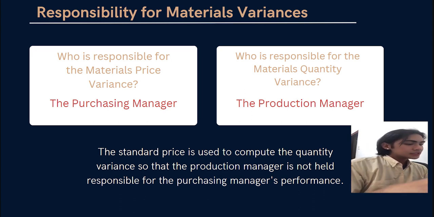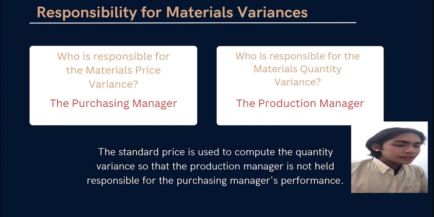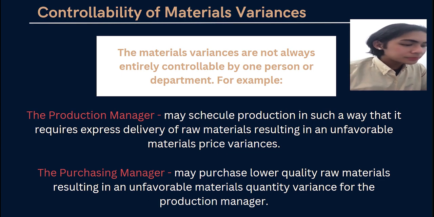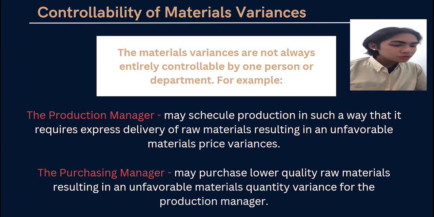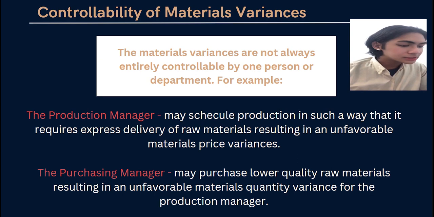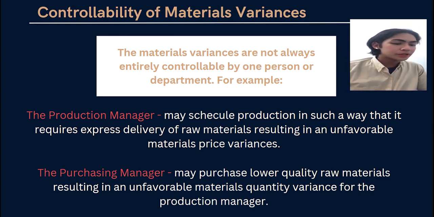The standard price is used to compute the quantity variance so that the production manager is not held responsible for the purchasing manager's performance. Next is controllability of materials variance. Take note po na the materials variances are not always entirely controllable by one person or department.